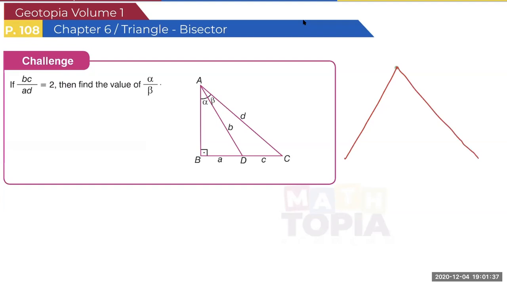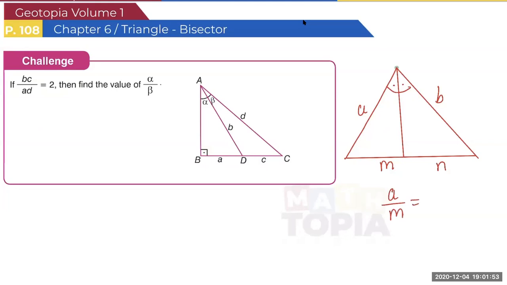Yes. So let's say this is A, this is B, this is M, this is N, and it's an angle bisector. A over M is equal to B over N, right? Yes. Or A times N is equal to M times B. So it could be written different ways.